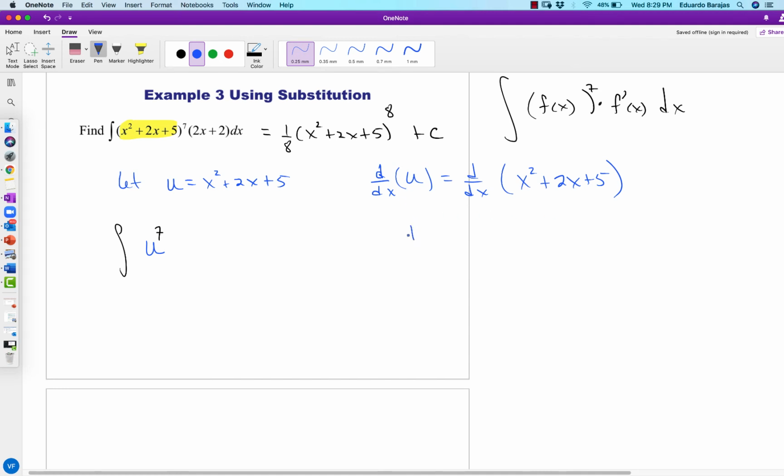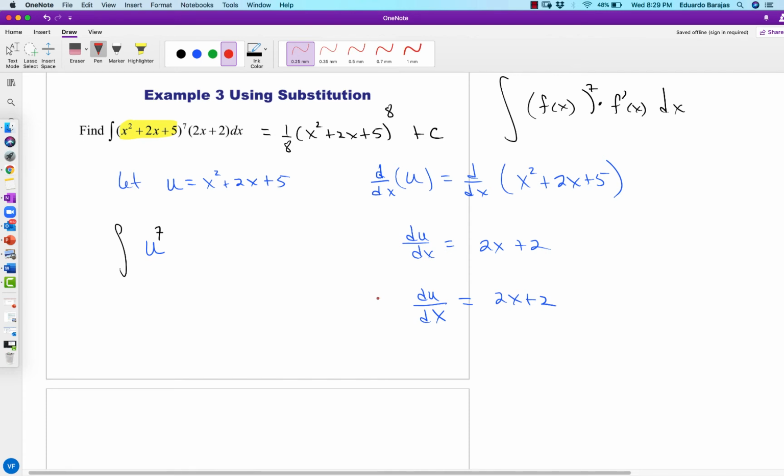Then on the left-hand side, of course, I just have du/dx equals, and then here I can find the derivative. That's equal to 2x plus 2. Now I'm going to multiply both sides by that dx. We get that du over dx equals 2x plus 2.